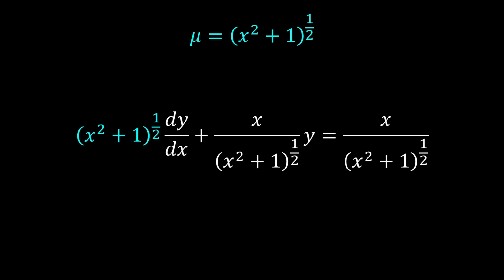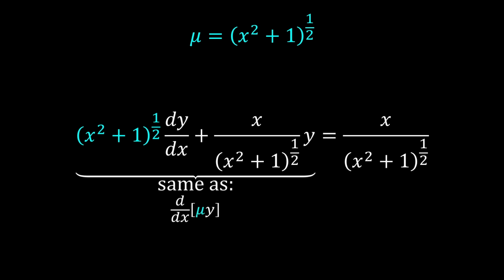Excellent. Now, this part's really, really important, and I think it's the part in the process that most students struggle with and have a difficult time analyzing. If we pay attention to the left-hand side, if you went about this method correctly, the left-hand side will always, always, always simplify to, or can be written as, d dx of the product of the integrating factor times y.